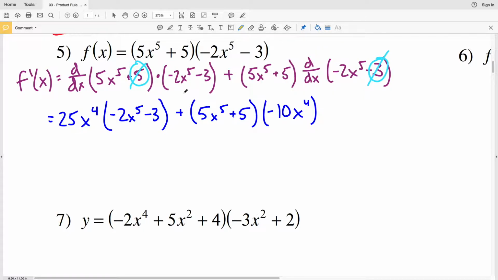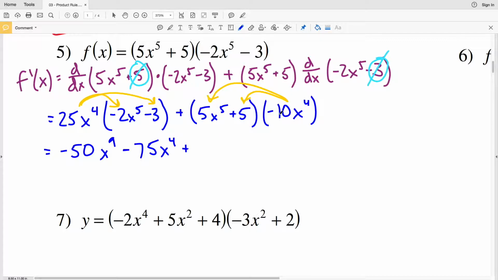Now I can distribute 25x to the fourth and negative 10x to the fourth. 25x to the fourth times negative 2x to the fifth, well, 25 times negative 2 is a negative 50, and x to the fourth times x to the fifth is x to the ninth, because 4 plus 5 is 9. And then I'm subtracting 25x to the fourth times 3, which is 75 times x to the fourth.